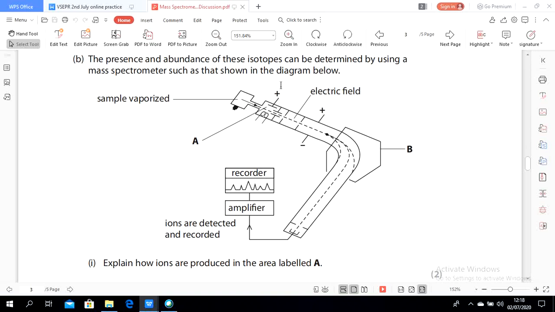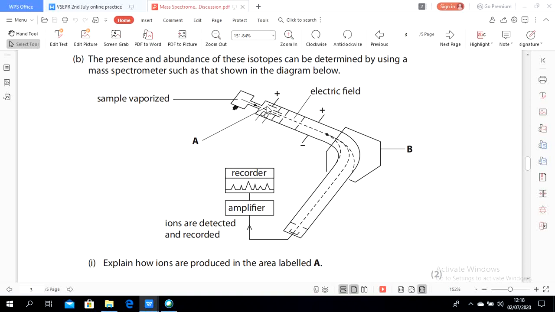There are high energy electrons being fired at the sample using an electron gun. Okay, the result is loss of electrons. Thus, it forms a positive ion. So the sample is vaporized.